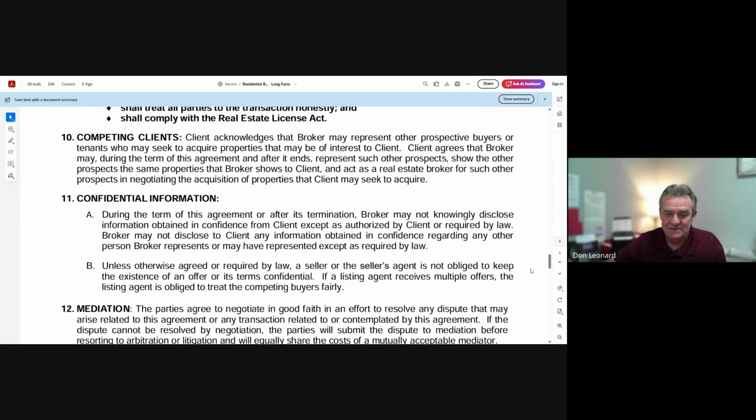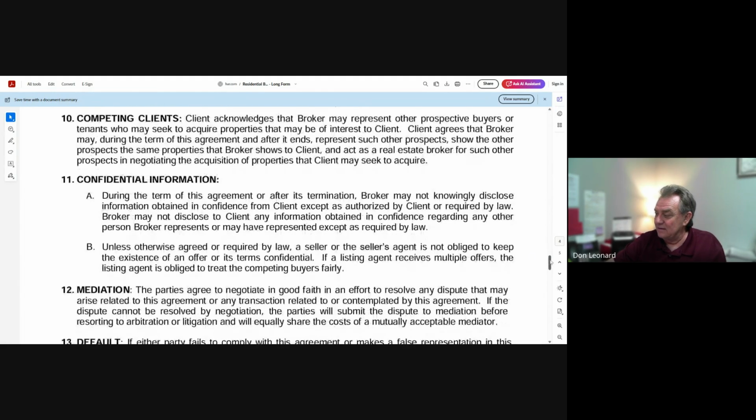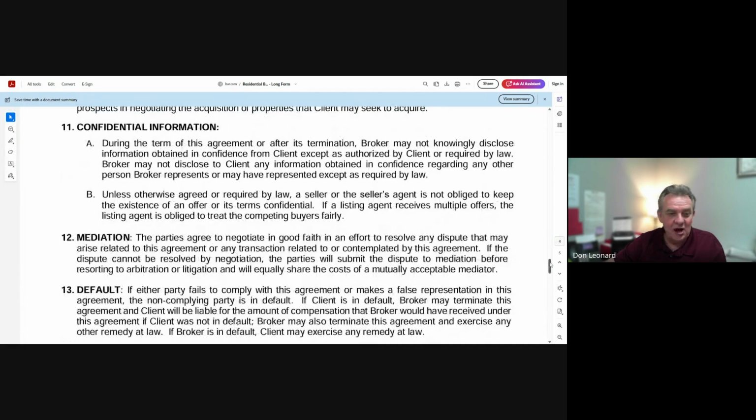12, mediation. We got into a conversation during coffee talk about mediation, arbitration, litigation, all those gations that we try to stay out of if we can. This one, of course, parties agreed to negotiate in good faith. And of course, on the sales contract, who are the parties, buyer and seller?